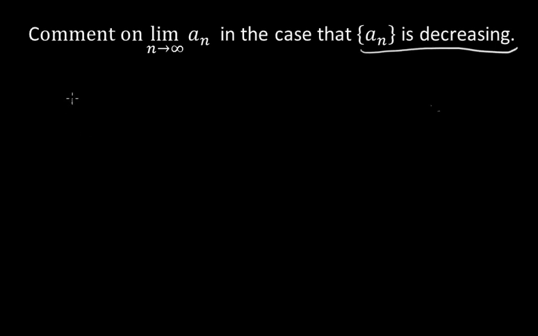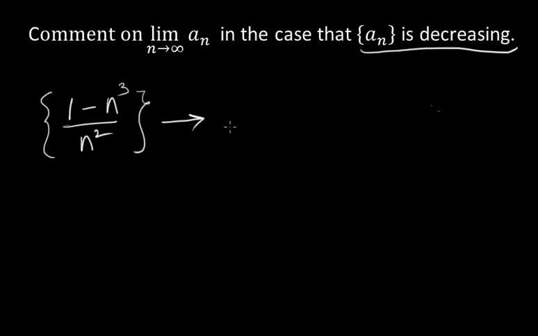Let's look at one more example. How about the sequence 1 minus n cubed over n squared? This is a sequence, and let's see what's happening to it. You could write out a few terms, but I'm going to just take the limit.